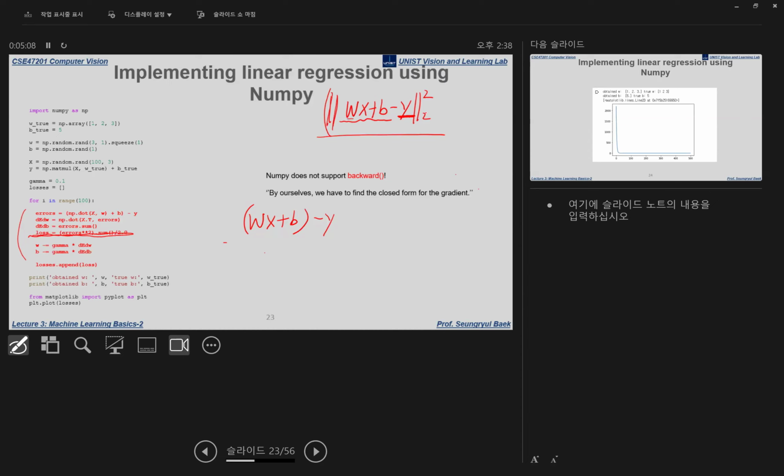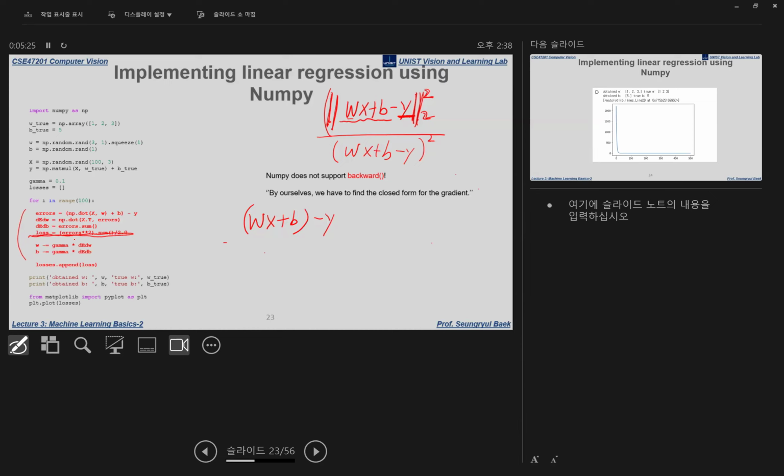Because W and Y are in vector form, we usually notate it like this, but you can also write it in this way. That is the Euclidean distance.